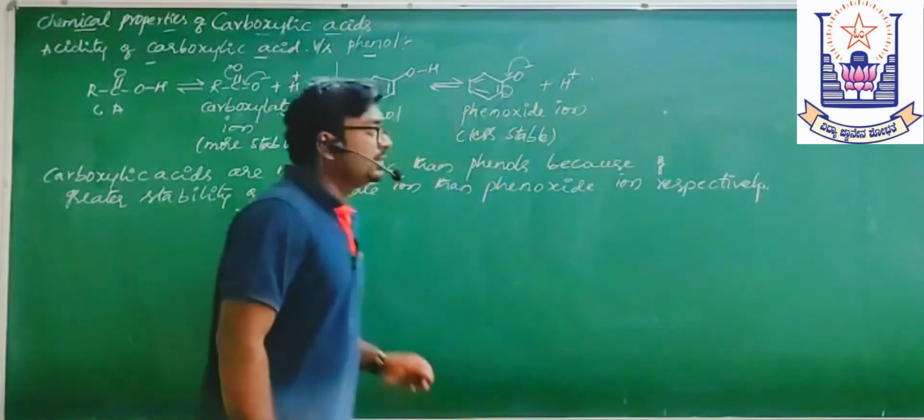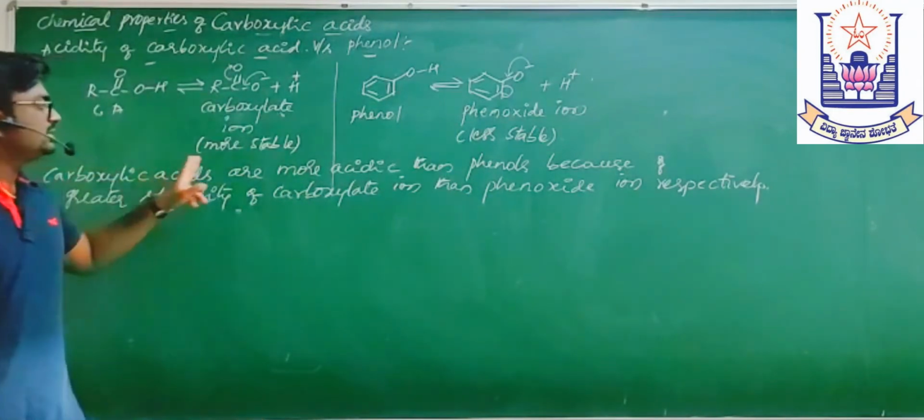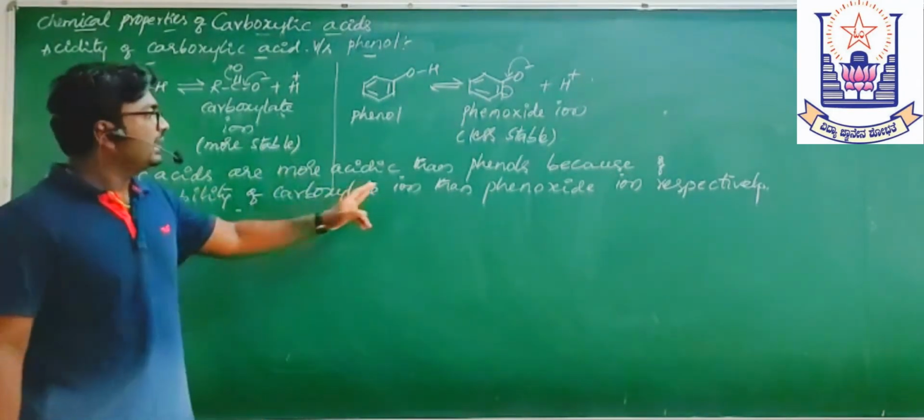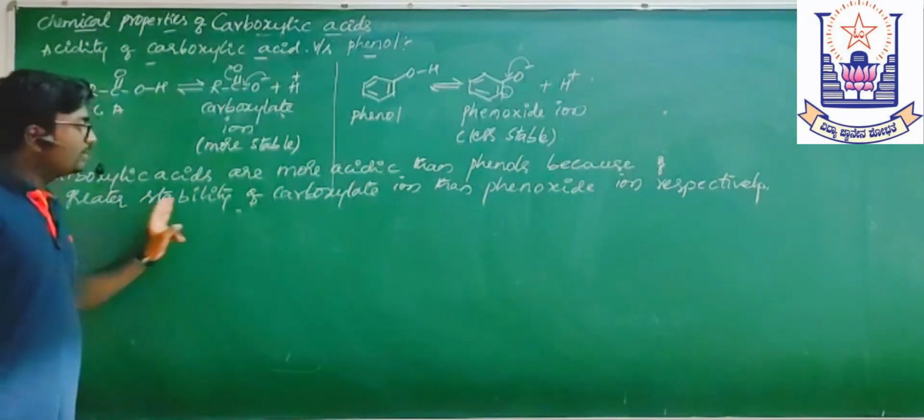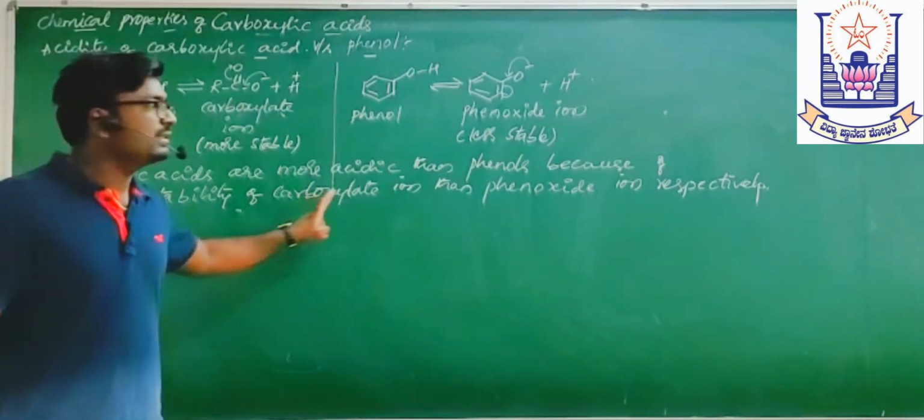Here the carboxylic acids are more acidic than the phenols because of greater stability of carboxylate ion than the phenoxide ion.